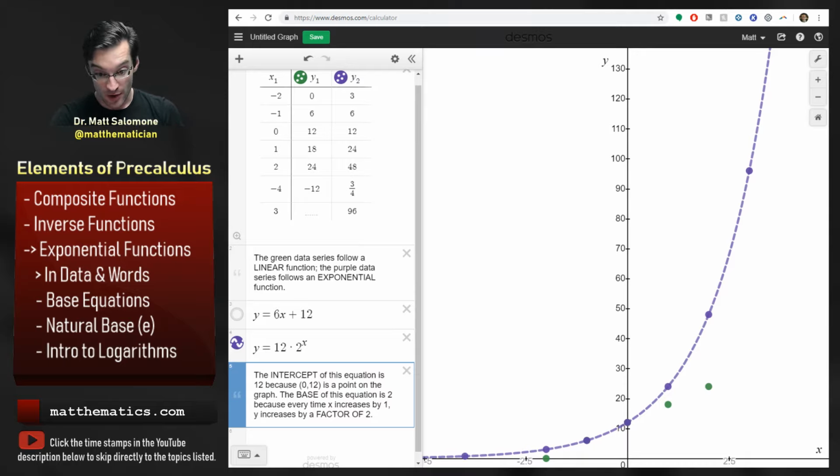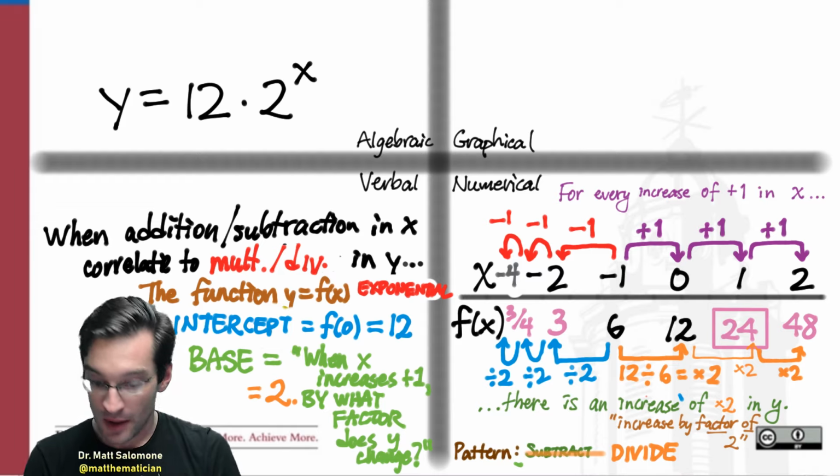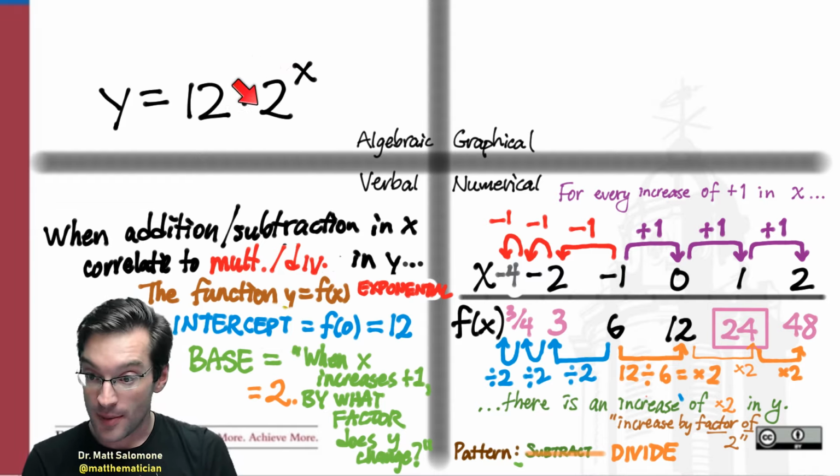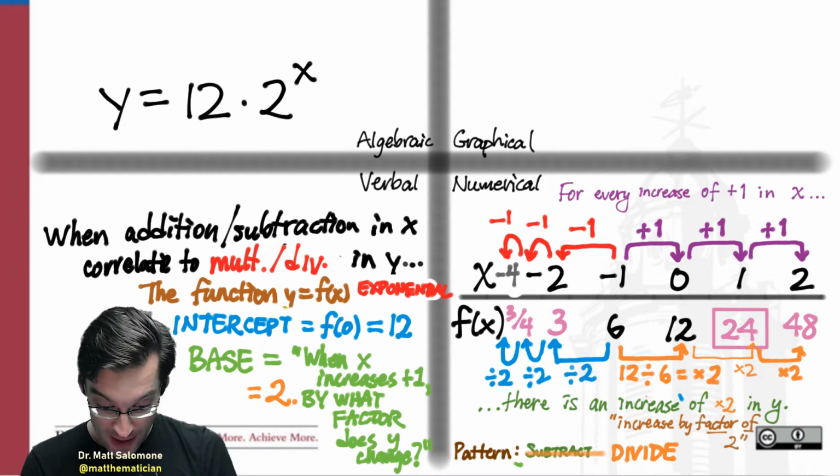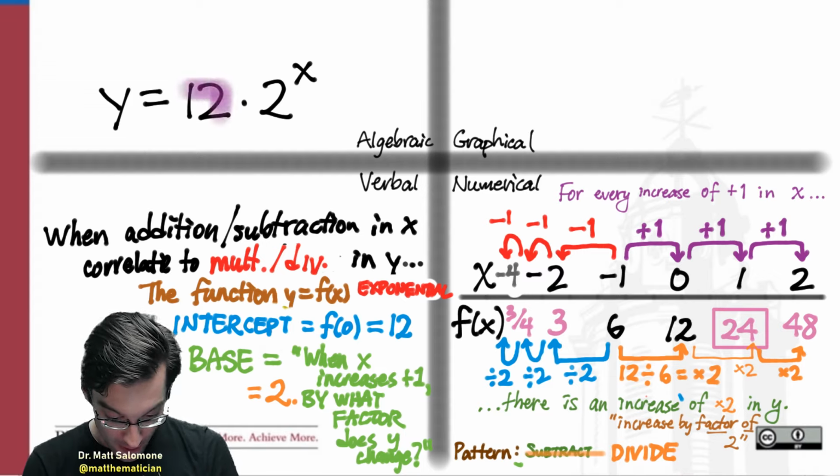Y equals 12 times 2 to the x. And my x here is up in the exponent. According to the order of operations, remember, if I'm evaluating this expression, the power, 2 to the x, happens first. And then after 2 to the x happens, we multiply that result by 12. And in the base-intercept formulation, this 12 right here is our intercept.